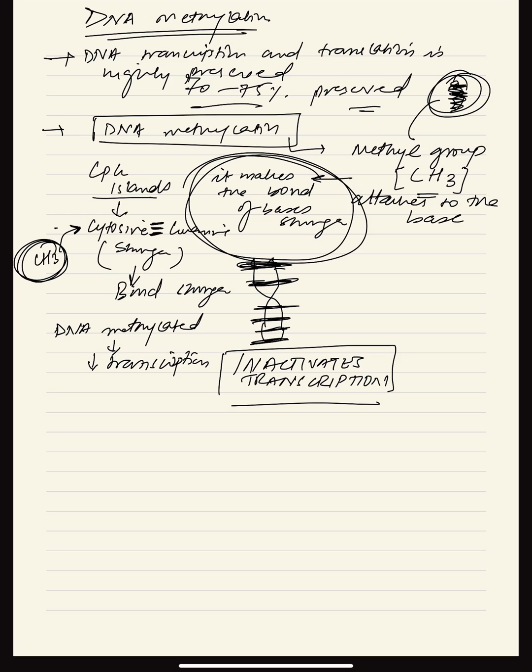So what is DNA methylation? It's basically a way of preserving most of the DNA. It's a heritable epigenetic modification that regulates gene expression by adding a methyl group to a DNA molecule without altering its underlying sequence. So without the alteration, the methyl group basically comes and preserves this DNA. This process is crucial for normal development and health.